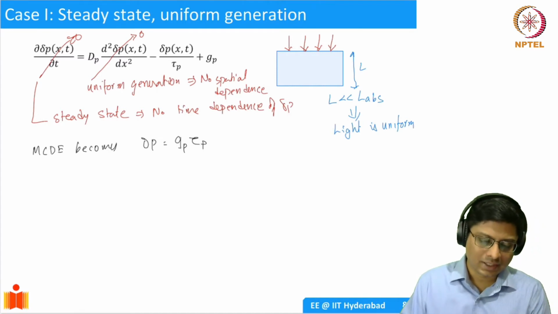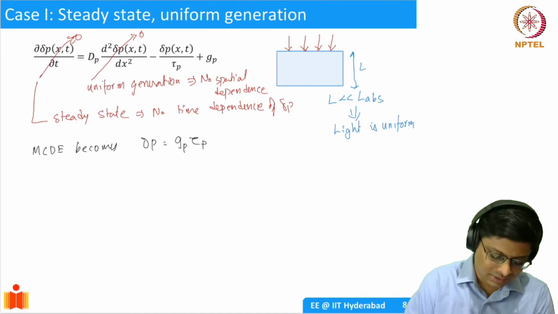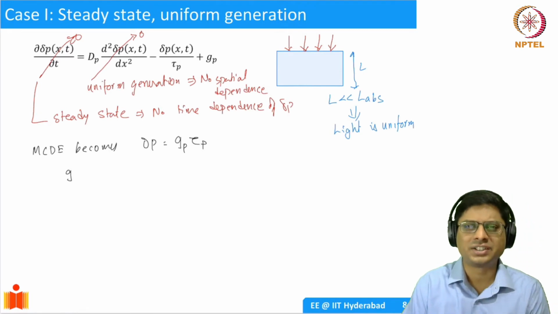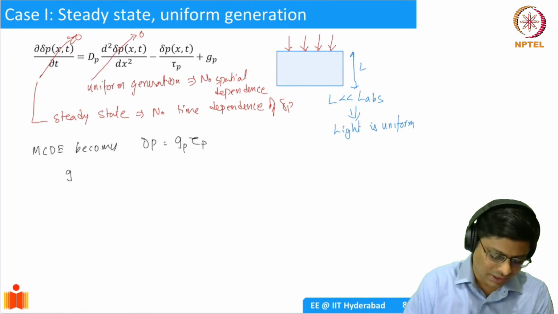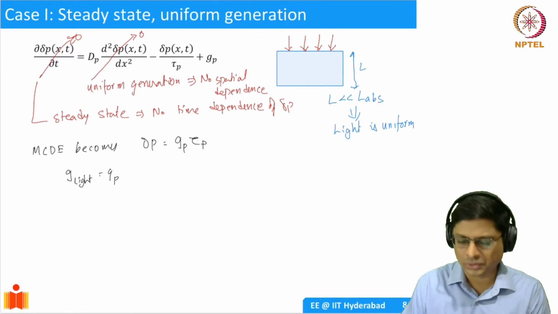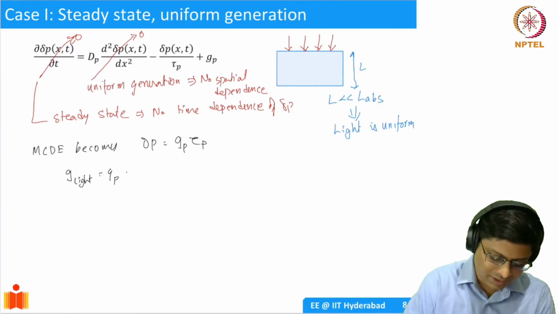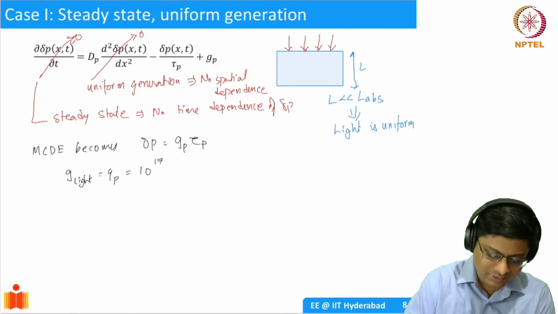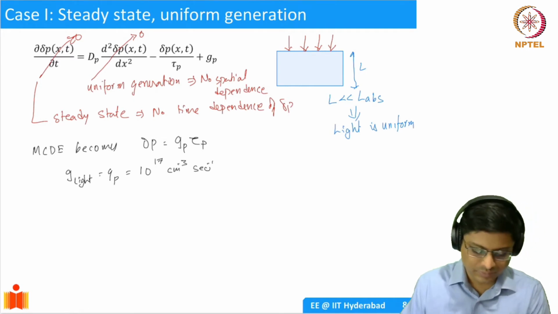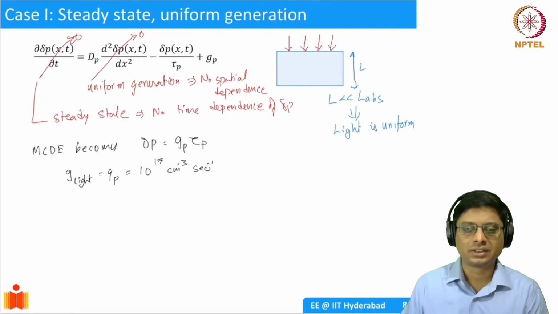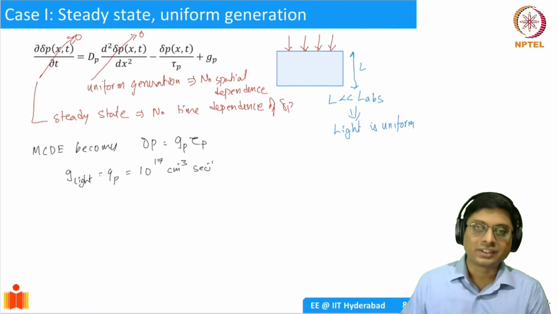Let's say I'm having light. The generation rate of light-generated electron-hole pairs, G light, is equal to GP, the rate at which holes are generated, and let's say it is 10 power 17 per centimeter cube per second. This is the rate at which I'm generating. So what is the minority carrier density?